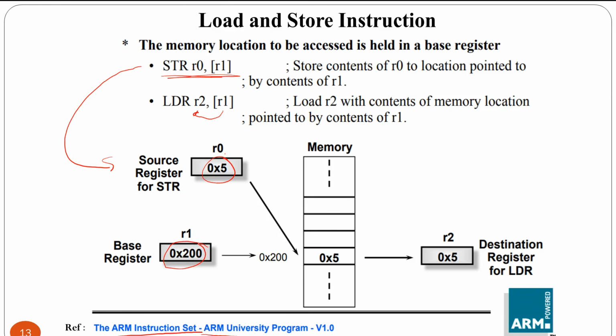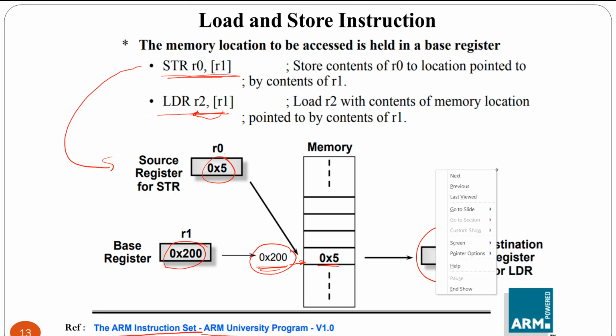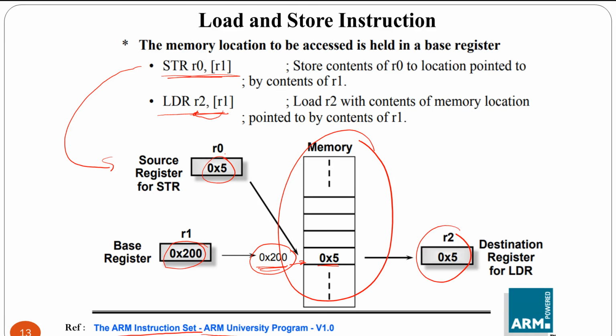So r1 is pointing to 0x200, and 05 will be stored at location 0x200. The next instruction is load register. R2 register will be loaded from the address pointed by R1 register. Inside R1 we have 0x200, and at 200 we have the 0x5 value. This value will be loaded into the R2 register. In this way we can write instructions using load and store, and access memory locations with their help.